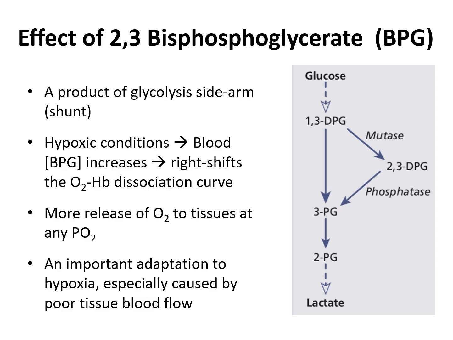This usually happens under hypoxic conditions. So when you have hypoxia, you have a decrease in PO2. The decrease in PO2 increases the concentrations of 2,3-DPG through this side arm of glycolysis.